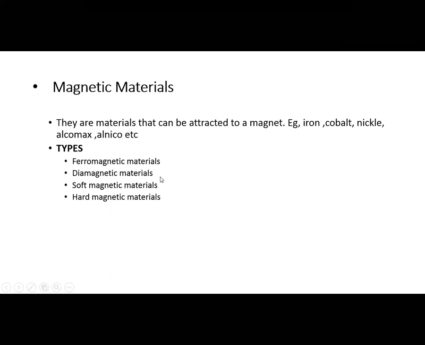We have the ferromagnetic, the paramagnetic, the diamagnetic, the soft magnetic materials, and the hard magnetic materials. I'll be giving you an assignment here also. Give the differences between, or compare, all these five magnetic materials. Compare them. I'll be inspecting them.